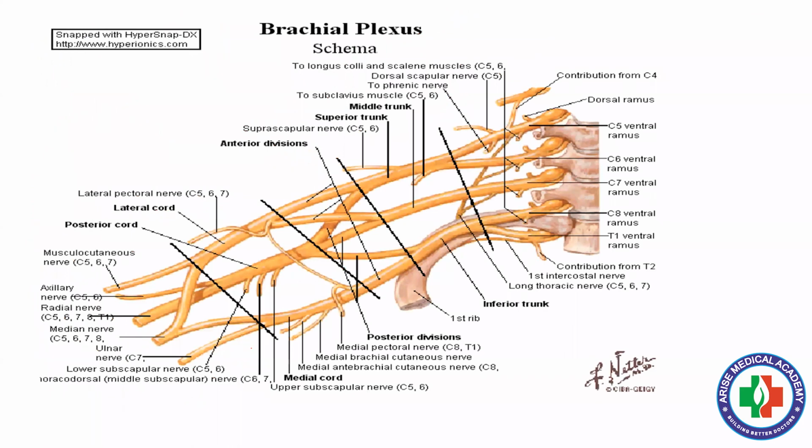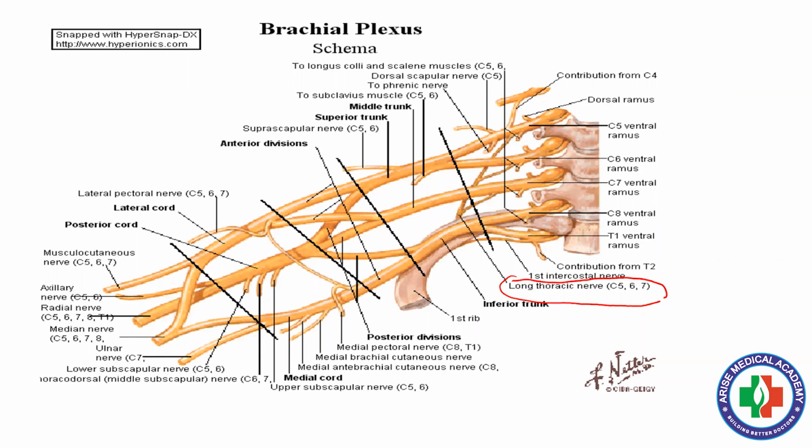So if you can see here, this is the C5 root, right? Can you see C5, C6 and C7 uniting and coming, this nerve having the roots of C5, C6 and C7? This is your long thoracic nerve. You'll see this thin nerve coming from the roots C5, C6 and C7.